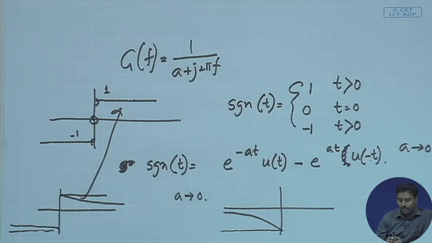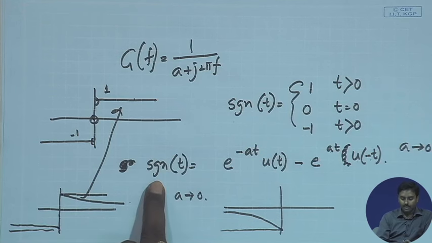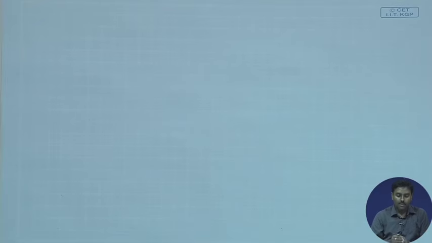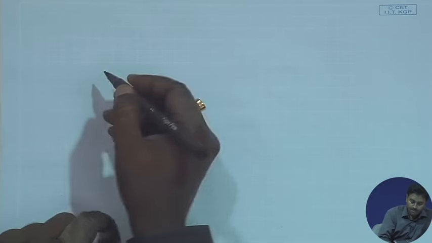So, what we will do now, to get the Fourier transform of signum, we will take this representation and use the previous result to evaluate the Fourier transform of the signum function. So, let us try to see. My signum function has been already represented.